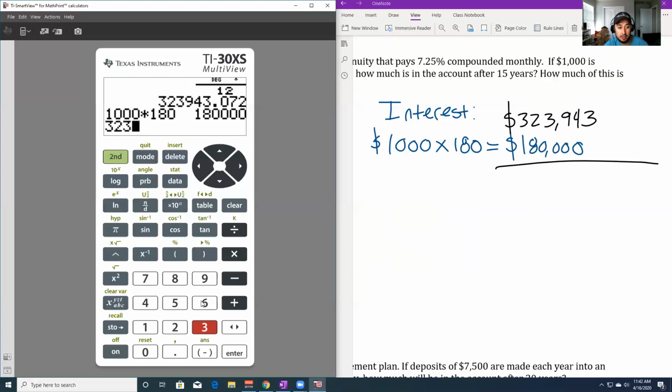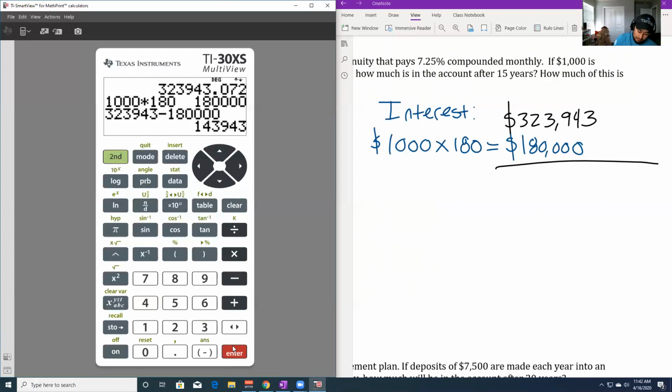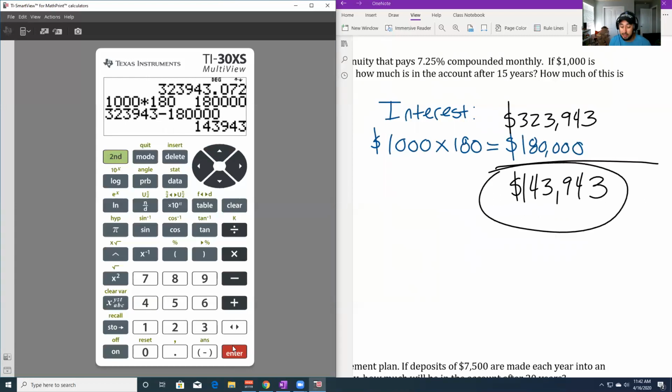So 323,943 minus 180,000. This means that we've gained $143,943 in interest. Now that's some interest I like to make. Interest earned. There you go. Not bad.